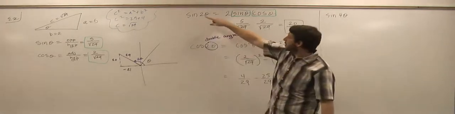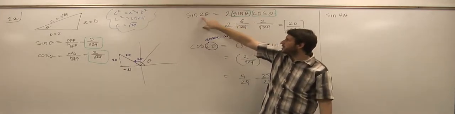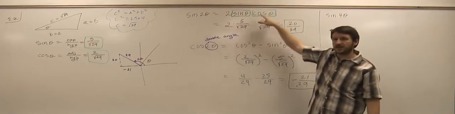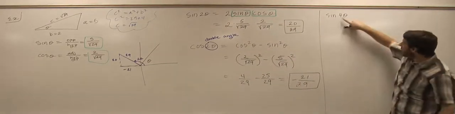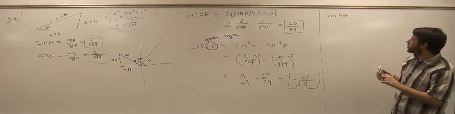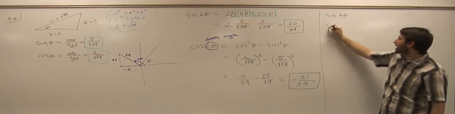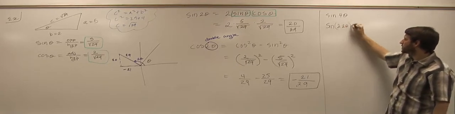So, this double angle formula allows you to change 2 times an angle into the single angle. But here I don't have 2 times theta, I have 4 times theta. So can you think of 4 times theta as 2 times 2 theta? Does that make sense?